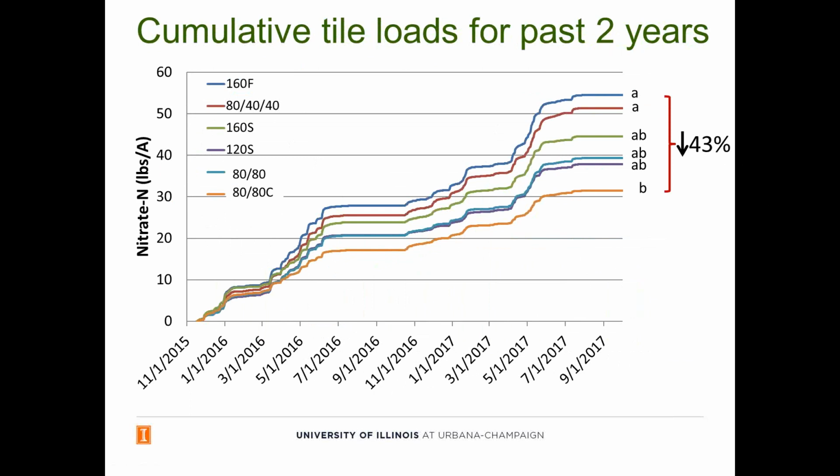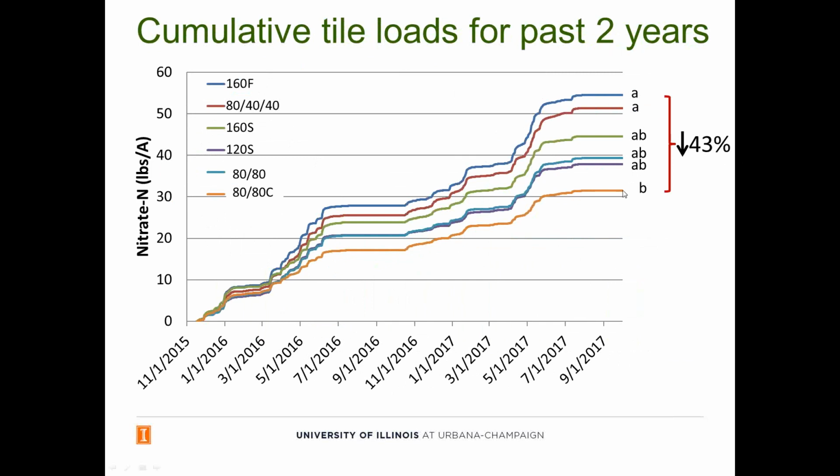Now, I put the whole story together here, the cumulative tile load for the past 2 years of the 6 nitrogen systems. You can see the full rate in the fall is losing the most. That's about 54 pounds per acre over the 2 years, so divide it by 2, and we're losing 27 pounds per acre per year.